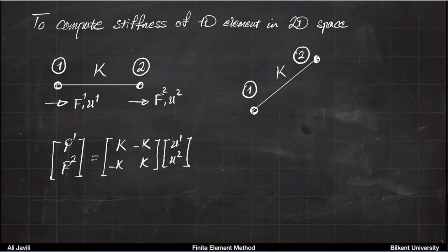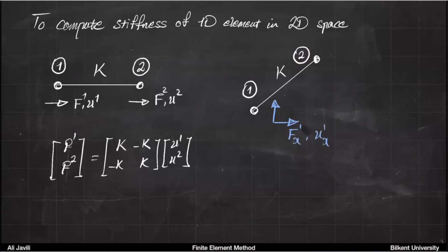Now, each node has 2 degrees of freedom. So basically at node 1, which you previously had just F1 and U1, you would now have F1 in the X direction and U1 in the X direction.